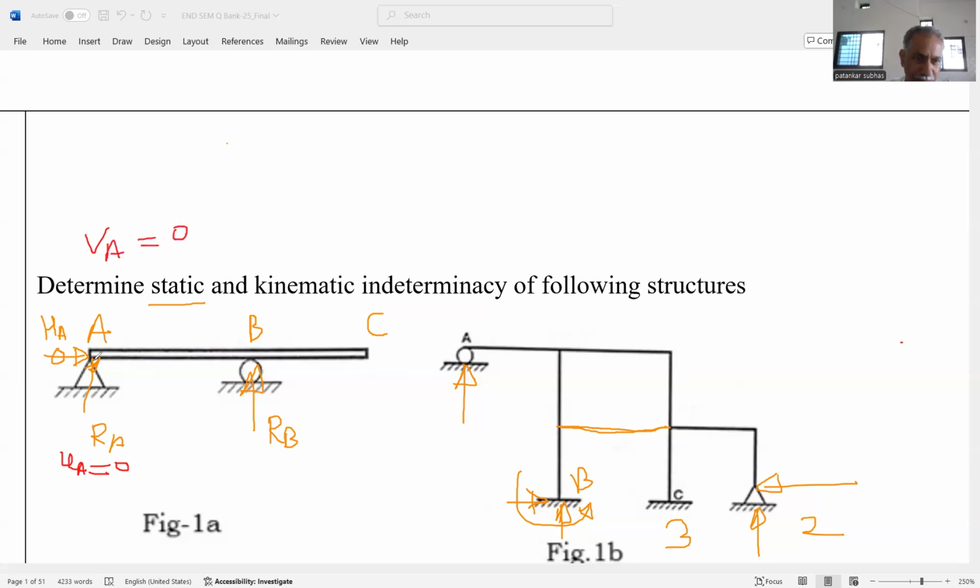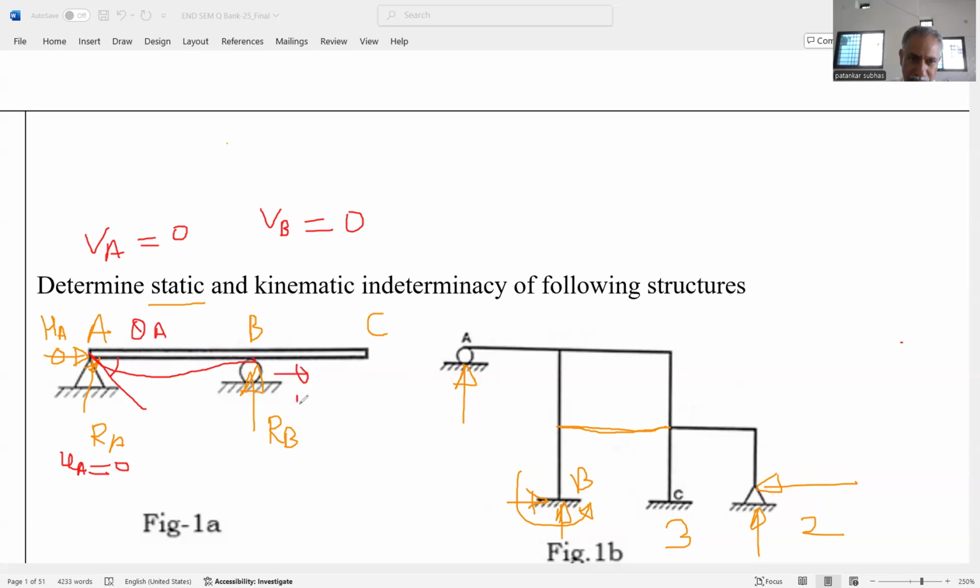But we know that the beam rotates or deflects like this. And therefore, when we draw the tangent at support A, theta A is there. When we consider the support B, again, in vertical direction, definitely VB, that is the translation along the y direction, is 0, but translation along x direction is there.